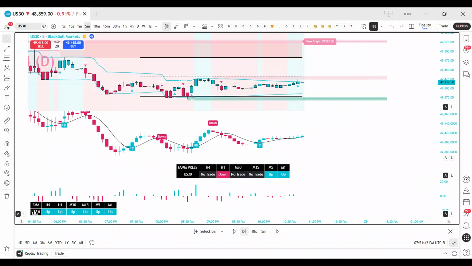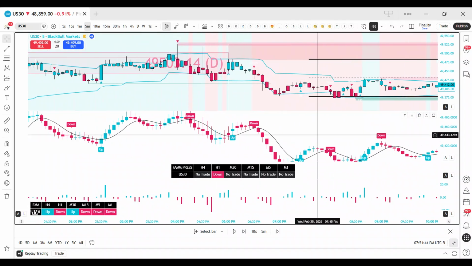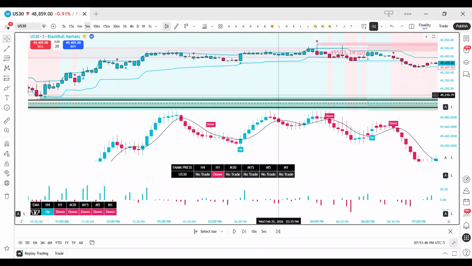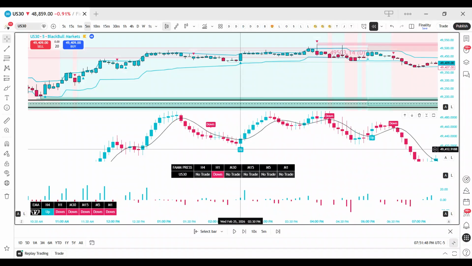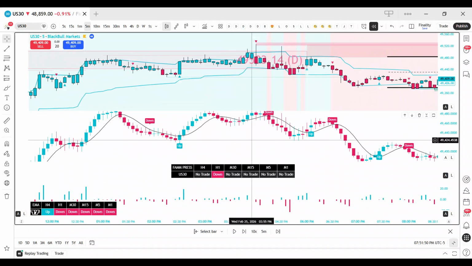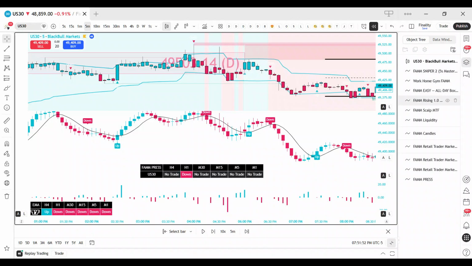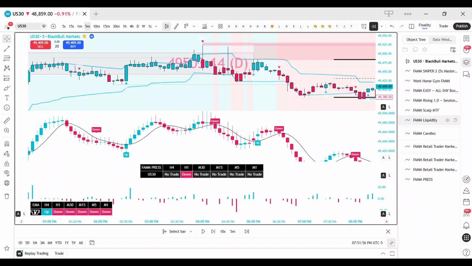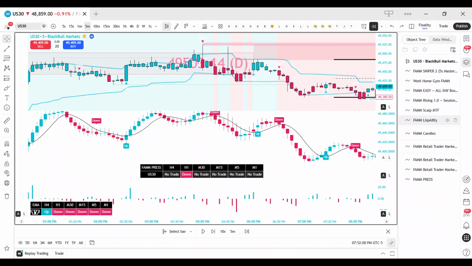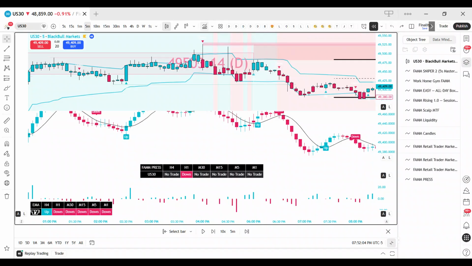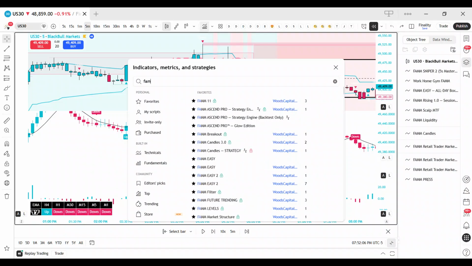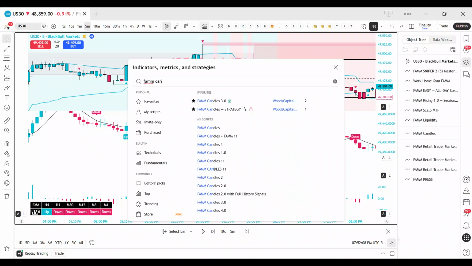All right, but there we go. Okay, so that's that. Now it's going to give you the direction. I'll show you something else about them. Now with these buy and sell signals, I did do a strategy with it.